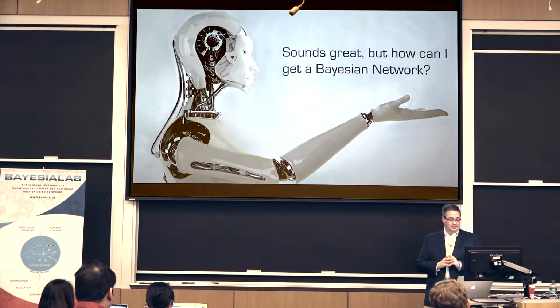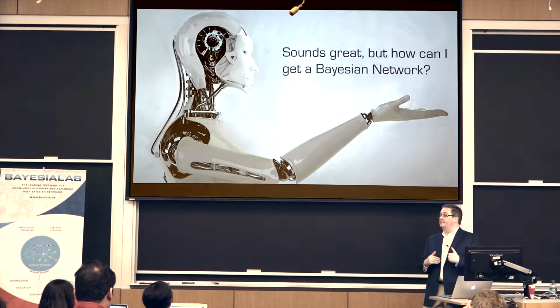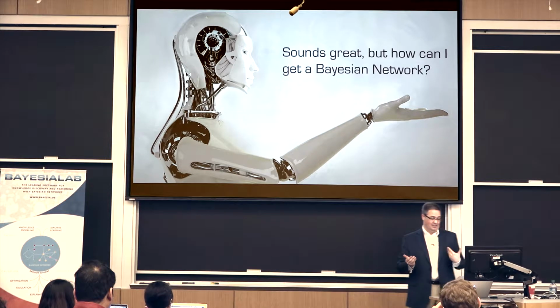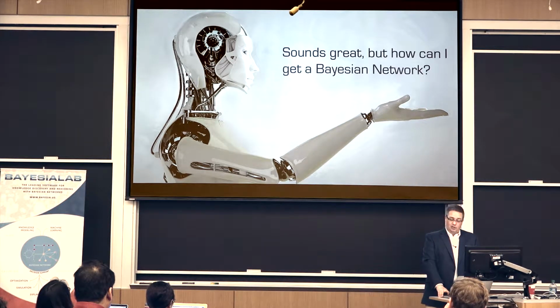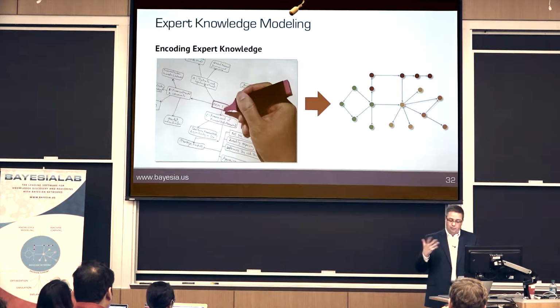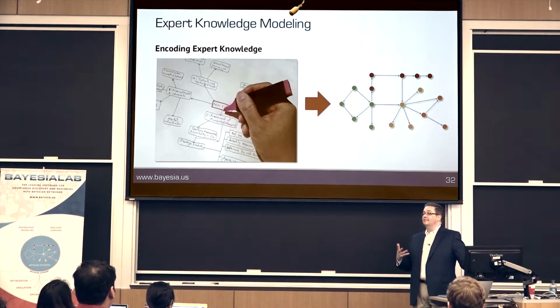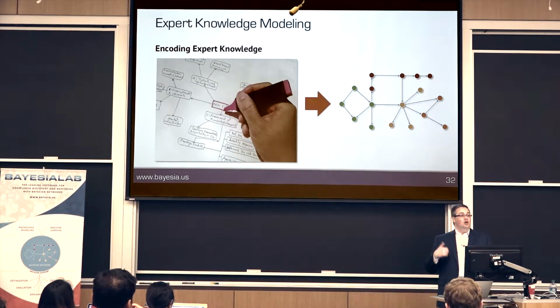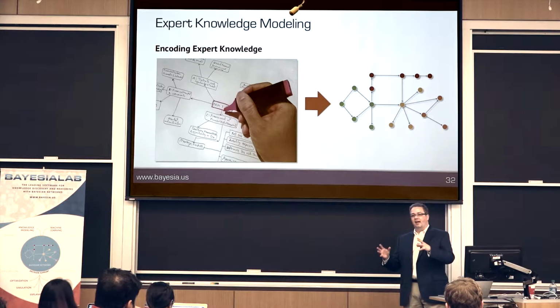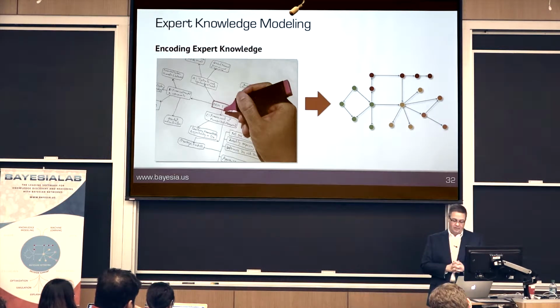So, sounds good perhaps, but now how do we get a Bayesian network is the next question. And I've already touched upon it a little earlier, the two principal ways of getting to a Bayesian network. The first is we manually encode our knowledge. We know about a domain, whatever it is, and we can simply draw nodes and arcs and thus encode our knowledge about how something works.